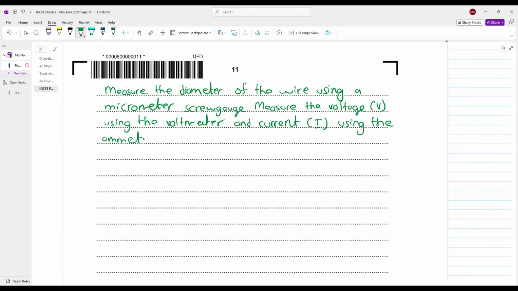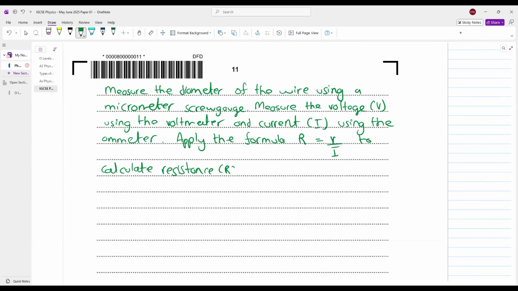What will be your last statement here? बेटा यहाँ पे और क्या लिखोगे आप? What will you further write here? Apply the formula. R is equals to V over I to calculate resistance.